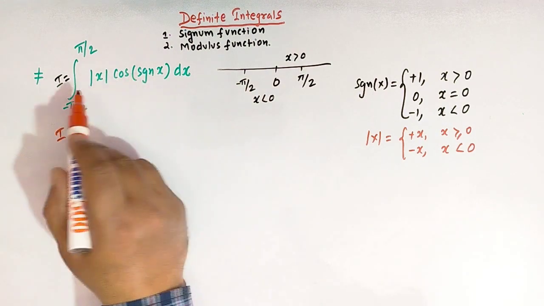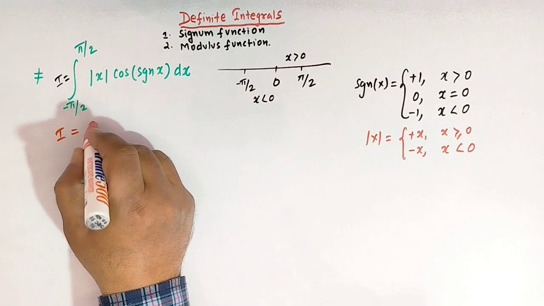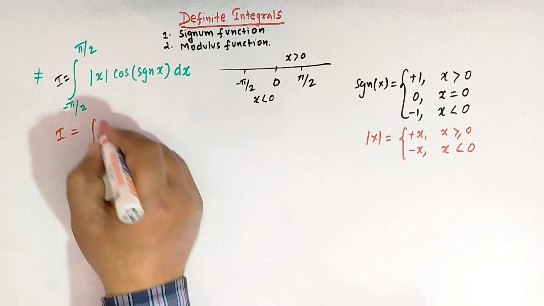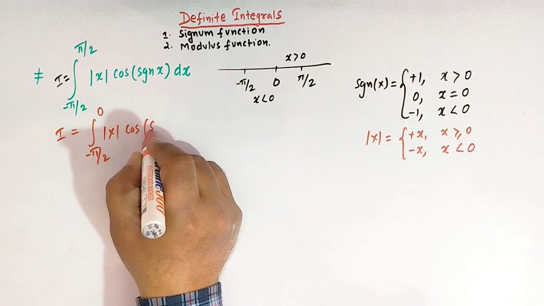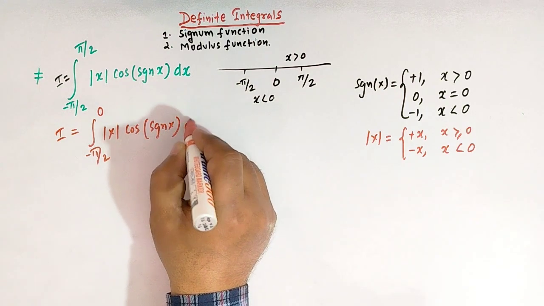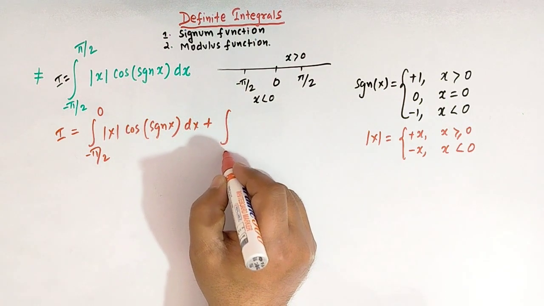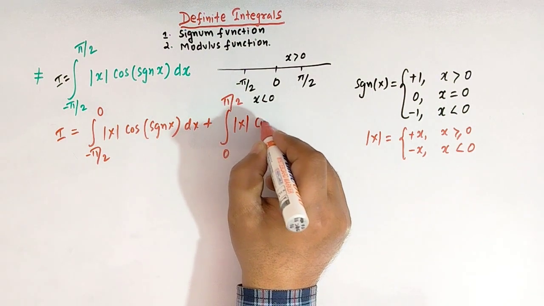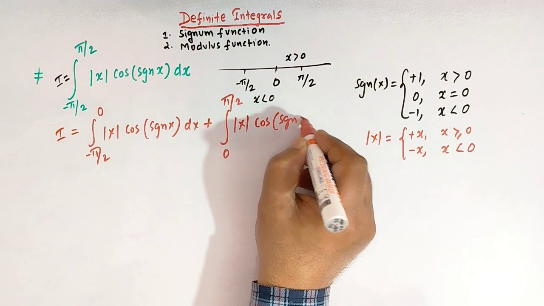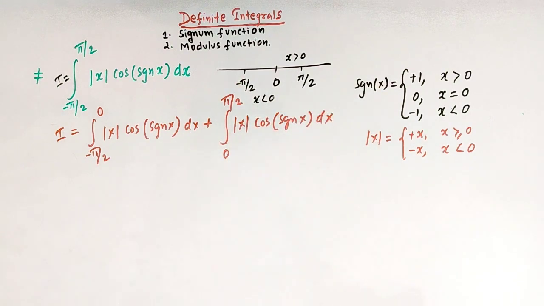So now we can write this integral as the integral from minus pi by 2 to 0 of mod x cos of signum of x dx, plus the integral from 0 to pi by 2 of mod of x cos of signum of x dx, right?